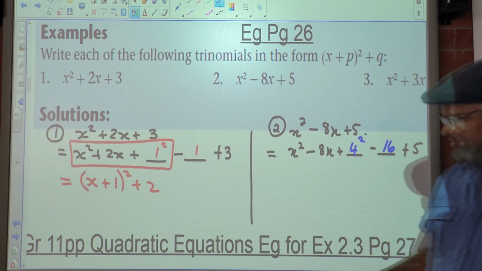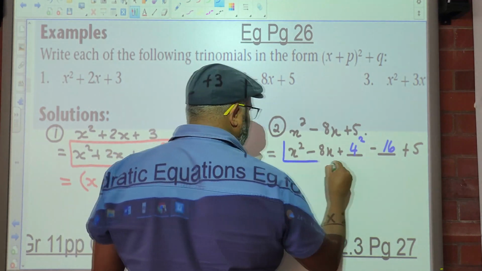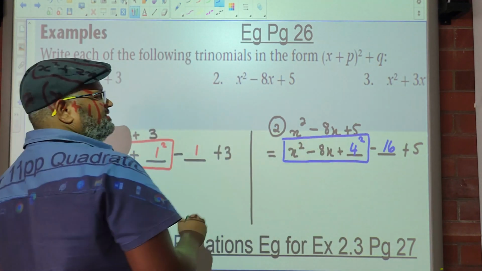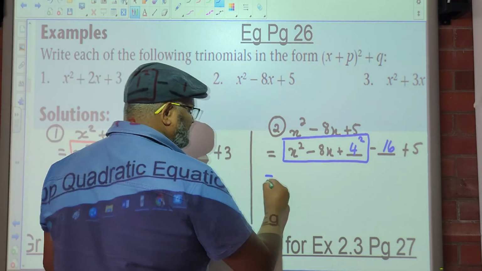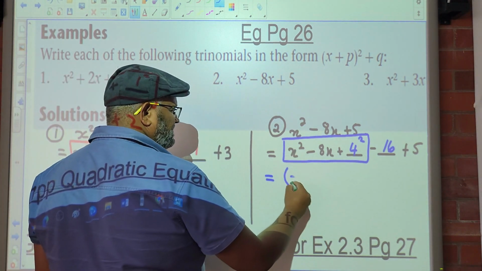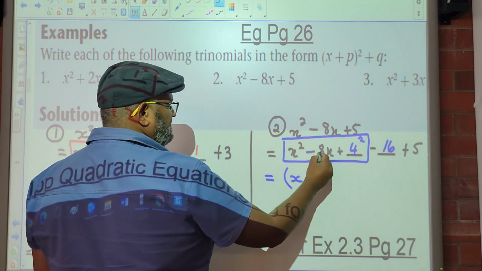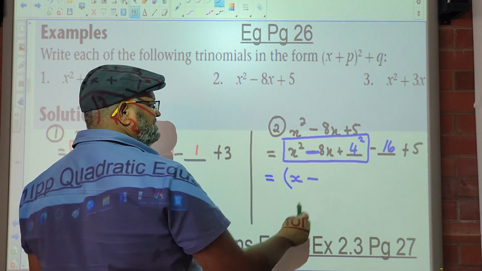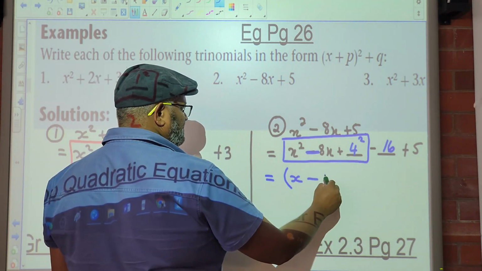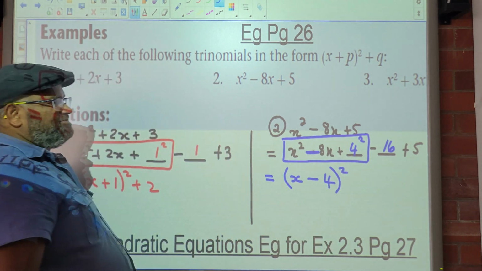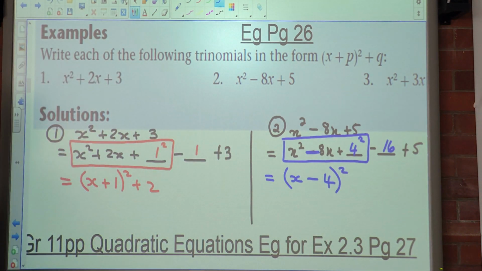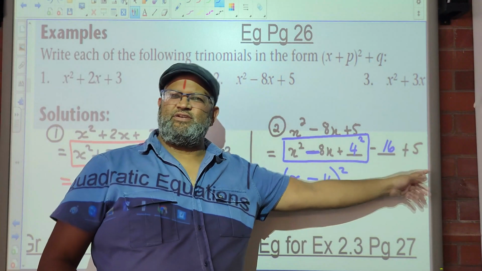Okay. So what did we form here now for ourselves? Perfect square trinomial. Okay. So what do I get now? Square root of x squared? x. Plus or minus? It will always be the sign of the middle term. So it's minus 4 squared. So what's minus 16 plus 5?